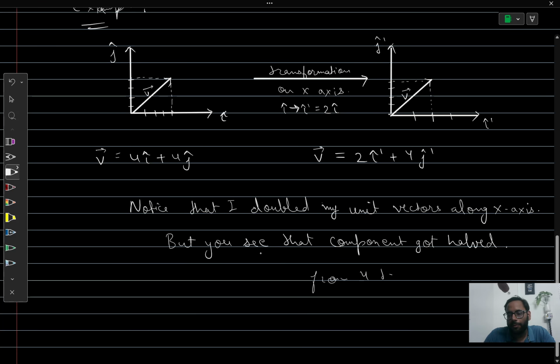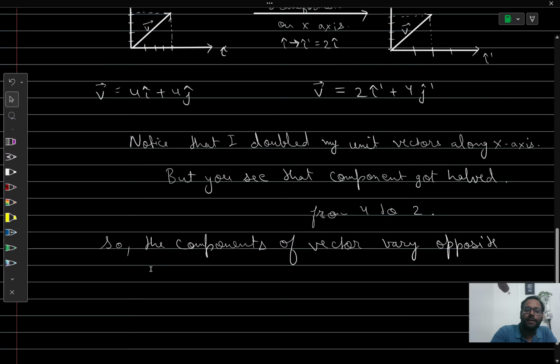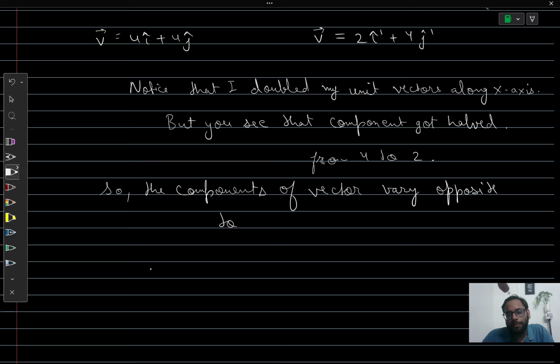So what did you notice? The components of vectors vary opposite to the change in the coordinate axis.